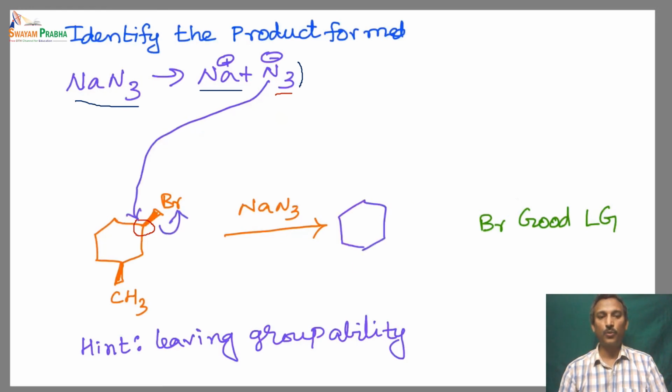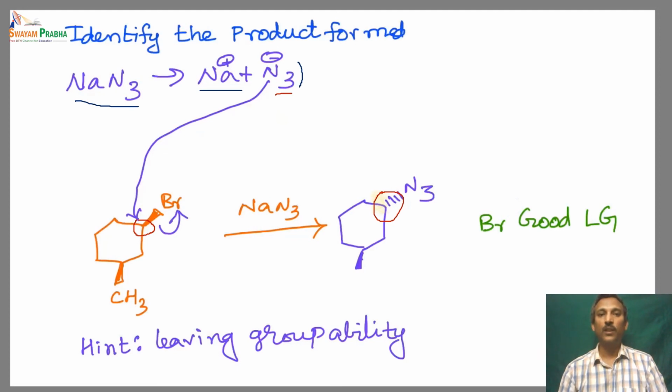That leads to the concomitant removal of the bromide anion. So we end up with inverted stereochemistry at this particular carbon, because this is an SN2 mechanism, and in this reaction inversion of configuration takes place.